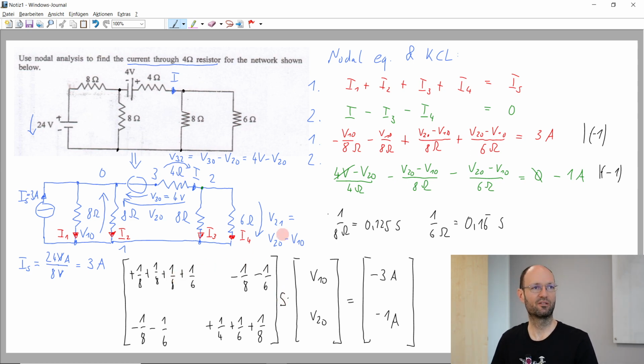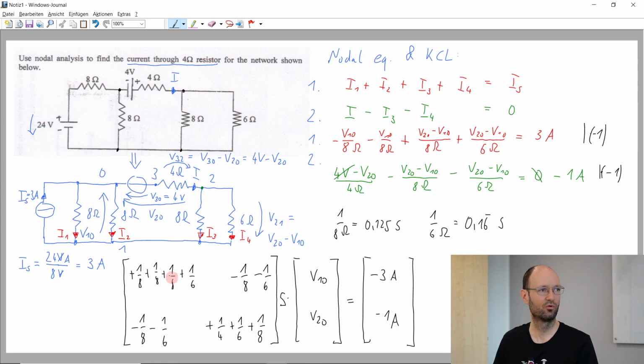And okay, so now we have just converted this system of equations in usual form into matrix form, changed the sign a little bit. And now we can further check this because we somehow remember the rules for the nodal voltage analysis. On the main diagonal of this matrix, there was always the sum of the conductances connected to a certain node.